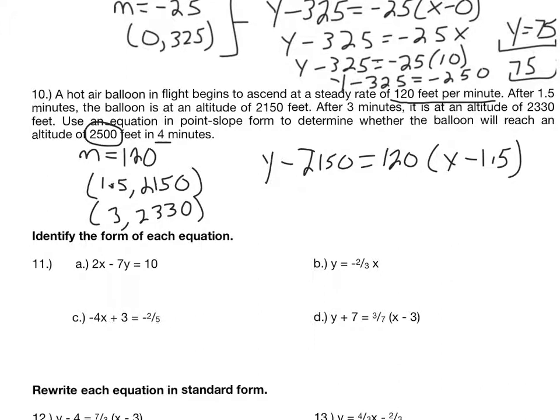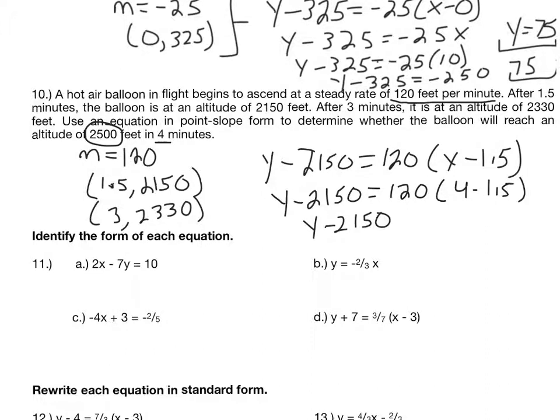So how would we figure that out? We could just plug in 4. That would be y minus 2,150 equals 120 times 4 would be your x, 4 minus 1.5, which would be y minus 2,150 equals 120 times 2.5.